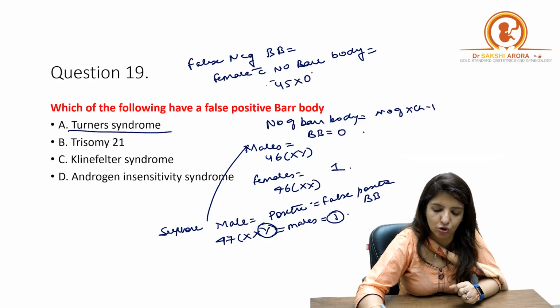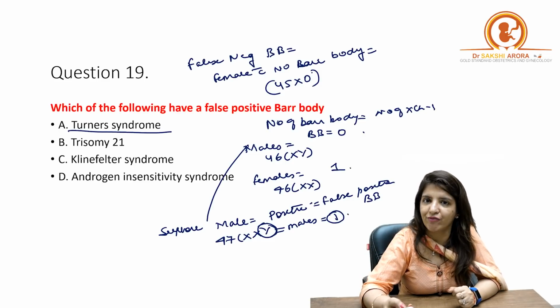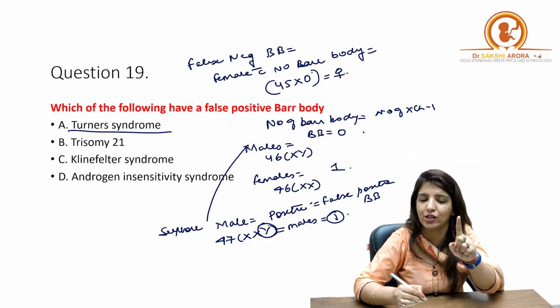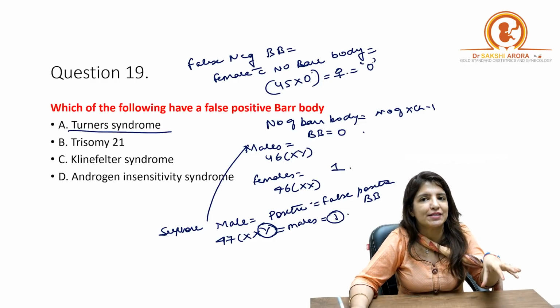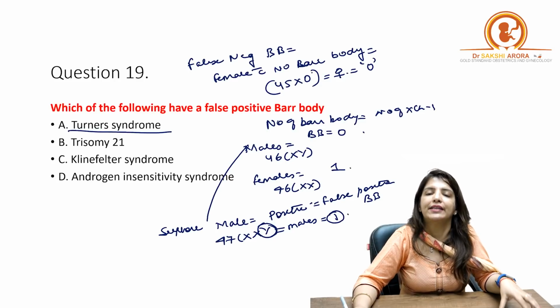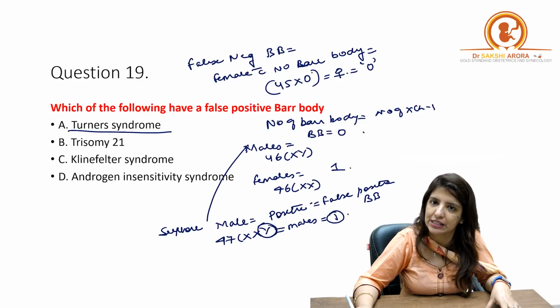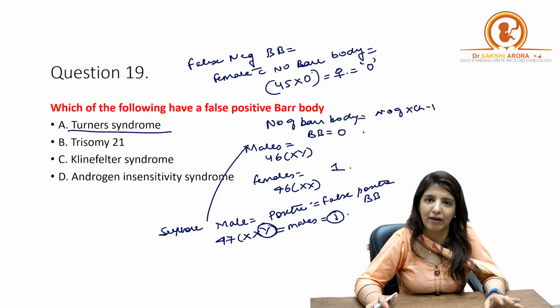In Turner's syndrome, the chromosome number is 45XO. Because they do not have Y chromosome, they are females. But because they have only 1 X chromosome, the number of bar bodies is 0. And this is precisely the reason why bar body is not the best method for sex determination. And this is something which I have been repeatedly telling you in my classes.